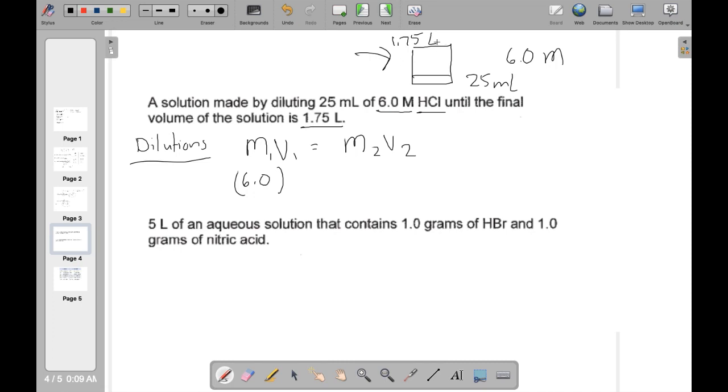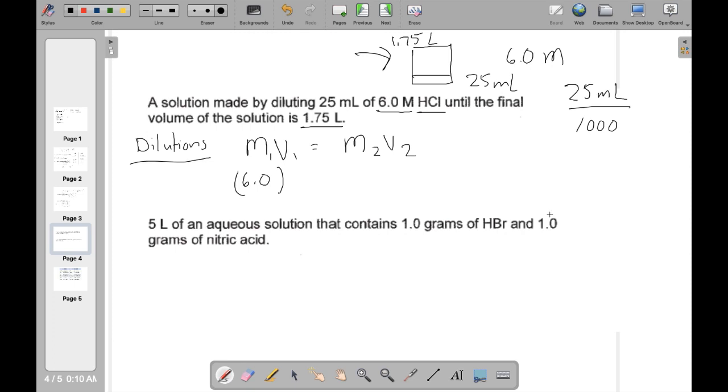So I need to make sure that my volumes match. This is a liter, this is a milliliter. I'm going to change 25 milliliters into liters, and this is where I take 25 milliliters and divide it by 1,000. Now I could also use the King Henry doesn't usually drink chocolate milk, which I've shown you many times before, if that makes better sense to you.